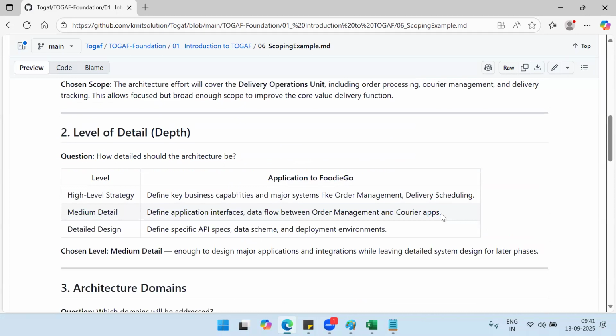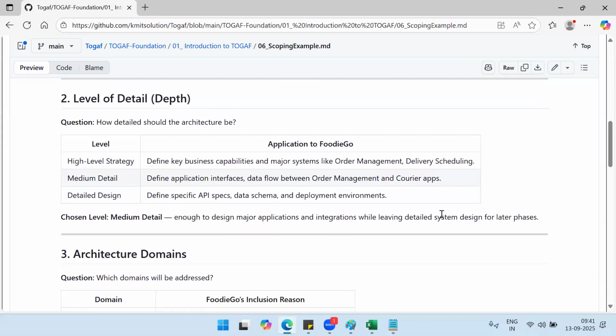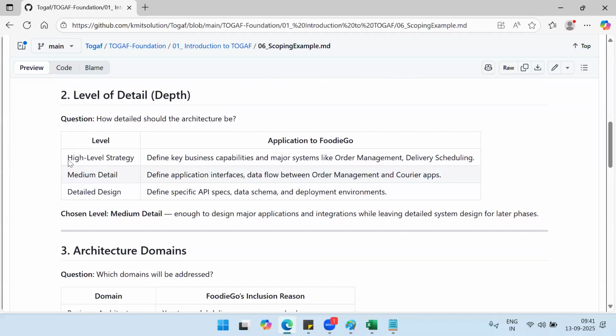So how detailed should the architecture be? Here the high level is strategy: define the business capabilities and major systems like order management, delivery, and scheduling. Then we need to define the interfaces, which is the medium detail: application interfaces, data flow, order management.